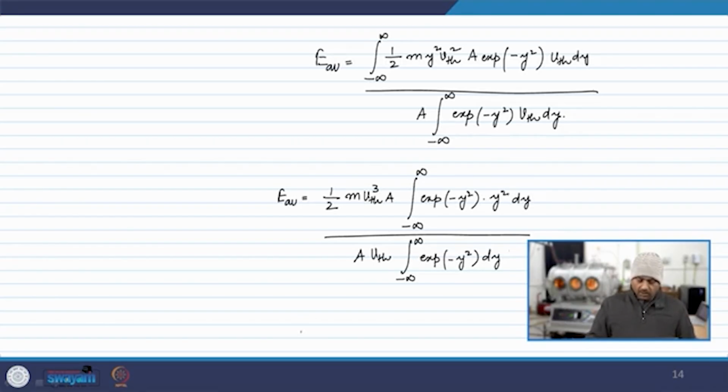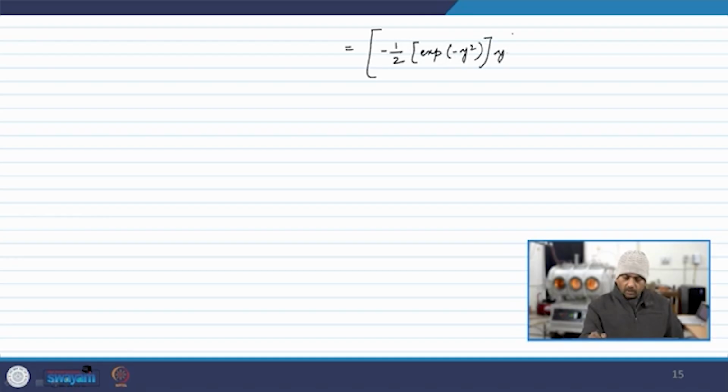Let us see this integral from minus infinity to infinity of y times exponential minus y square y dy.